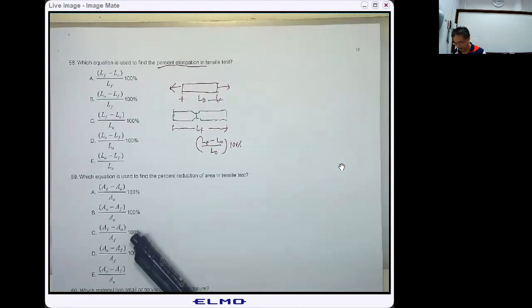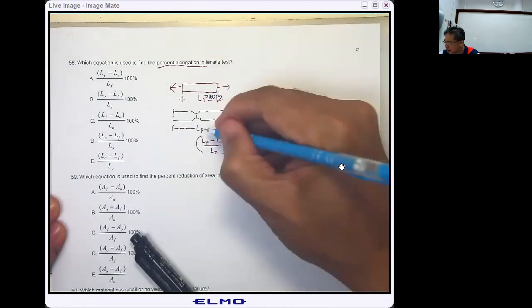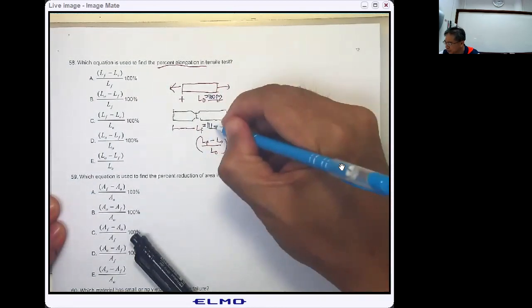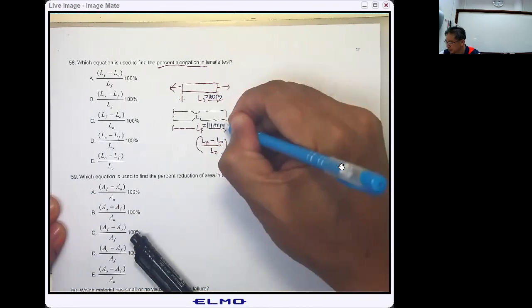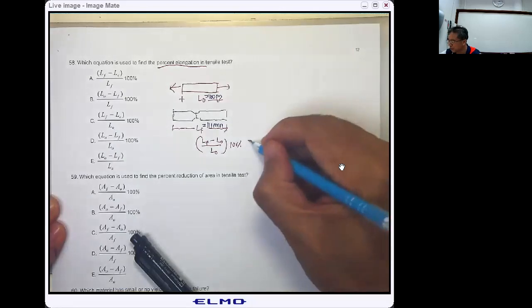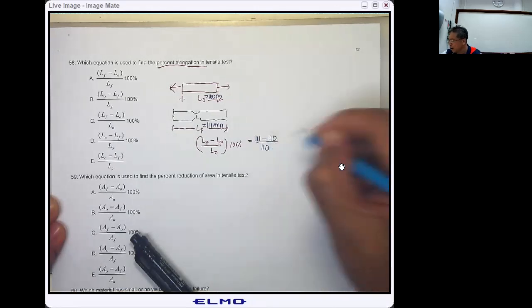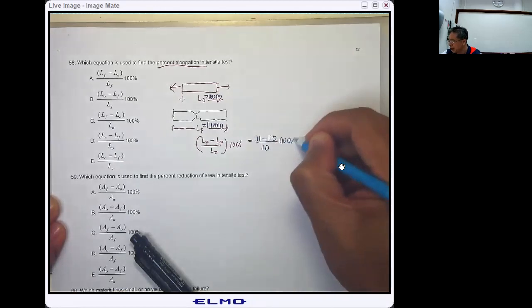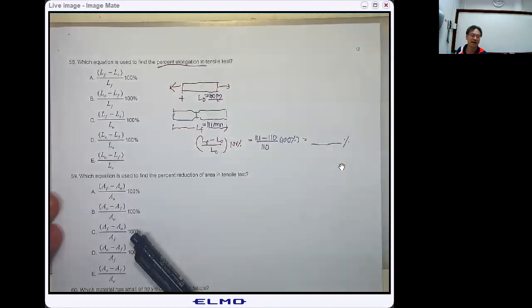Or the problem may give you, this is going to be 100 millimeter, and after failure, this is going to be 111 millimeter. What is the percent elongation? It is going to be 111 minus 100 divided by 100 times 100%. That is the percent elongation.